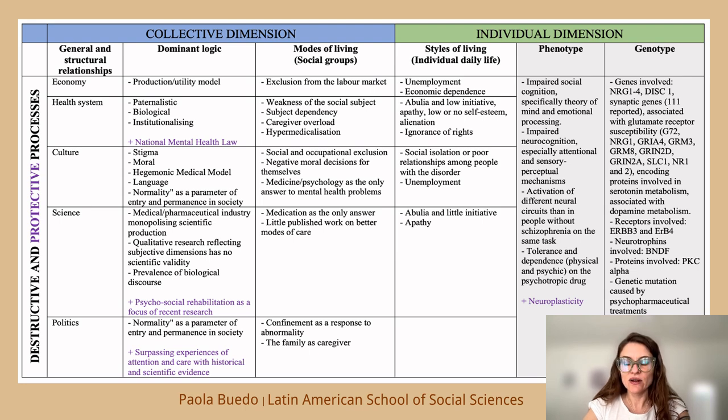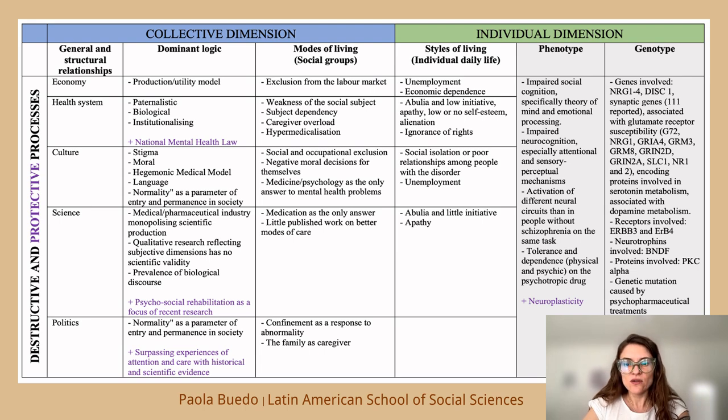This has a direct impact on the individual level, as a person with schizophrenia would not be employed, and therefore will be economically dependent on family or, for example, the state. So you can see that in the whole row, we can see from the dominant logic how it's affecting the social group, all people with schizophrenia in general, and also the individual life of the person.